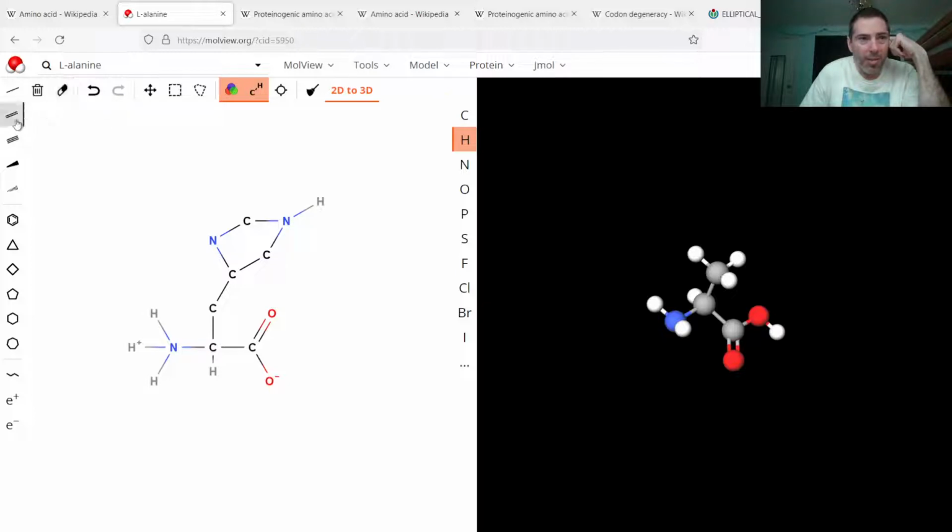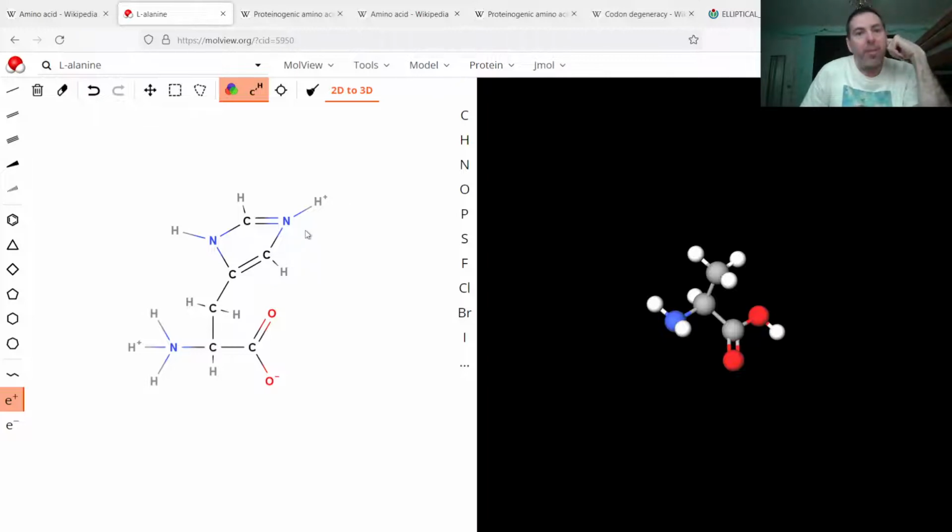And there's going to be some double bonds in there. Let's try this. Something like that. And if it was positively charged, you'd have a hydrogen ion attached to this nitrogen here.